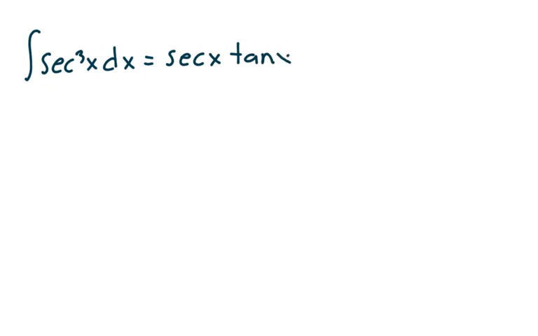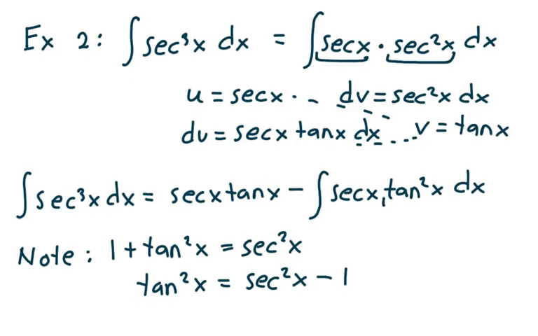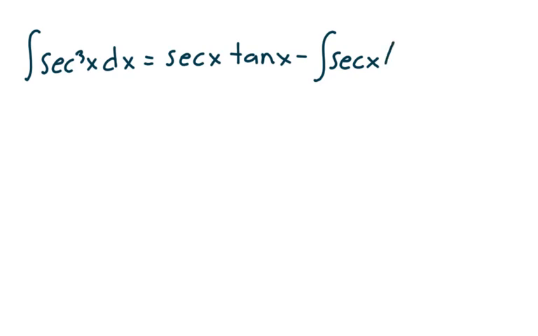So from here, we can say the integral of secant cubed x dx is secant x tangent x minus the integral of secant x. And then what I'm going to do, let's go back, I'm going to replace tangent squared x with secant squared x minus 1. And so I get secant x times secant squared x minus 1 dx.